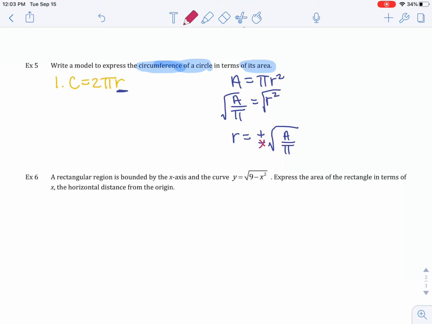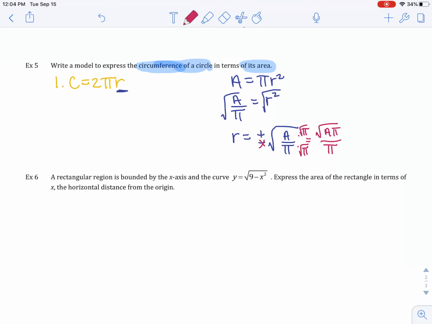So we are only strictly going to take the positive one, okay? Let's rationalize this. Multiply top and bottom by the square root of pi. So this is equivalent to a pi over pi, okay? If you need to show that step off of multiplying top and bottom by pi, make sure you do that, okay?